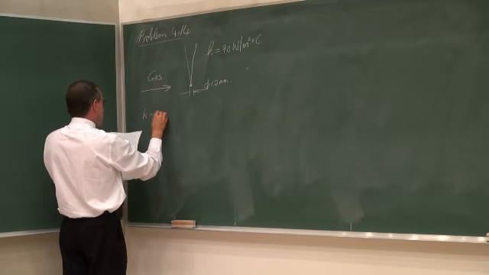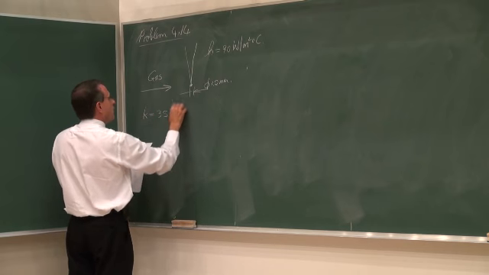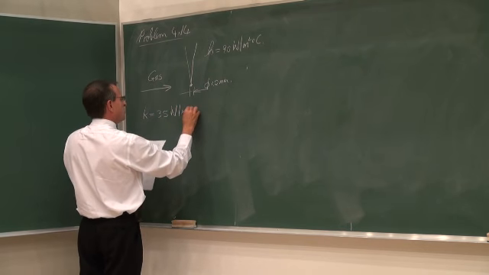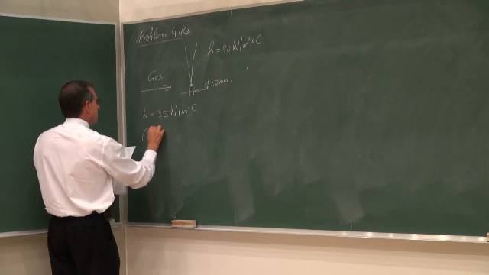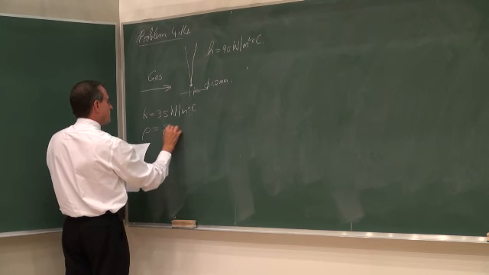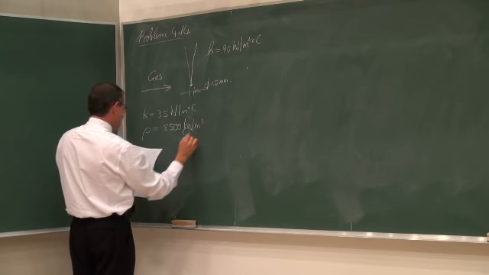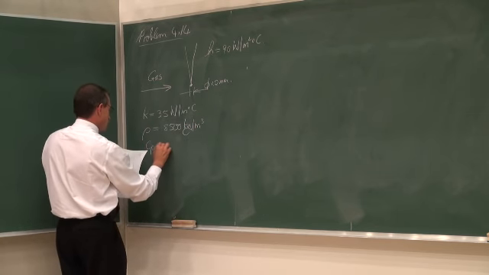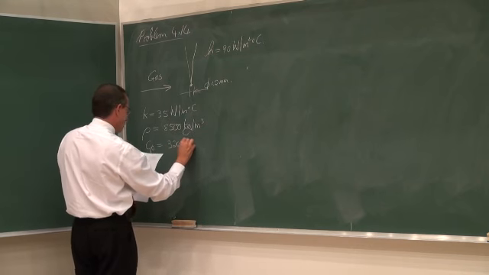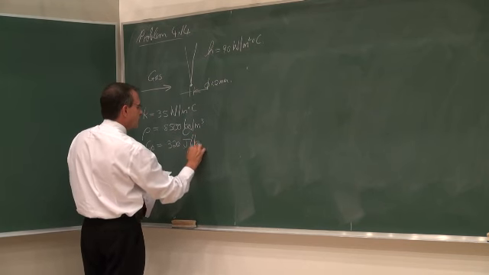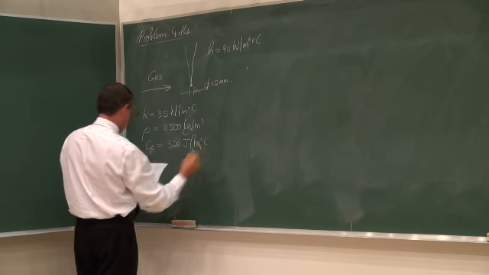The K of the thermocouple is 35 watts per meter degree Celsius. The density is equal to 8,500 kilograms per cubic meter. Cp is equal to 320 joules per kilogram degree Celsius.